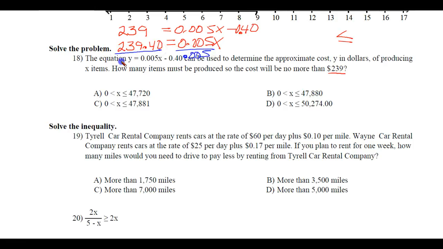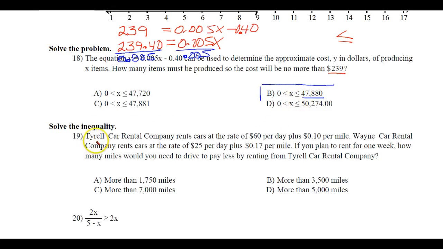And this is where a calculator comes in very handily. And lo and behold, when we do that, it comes out to be this number right there. So it has to be greater than 0, of course, and less than or equal to this. So B is our answer.